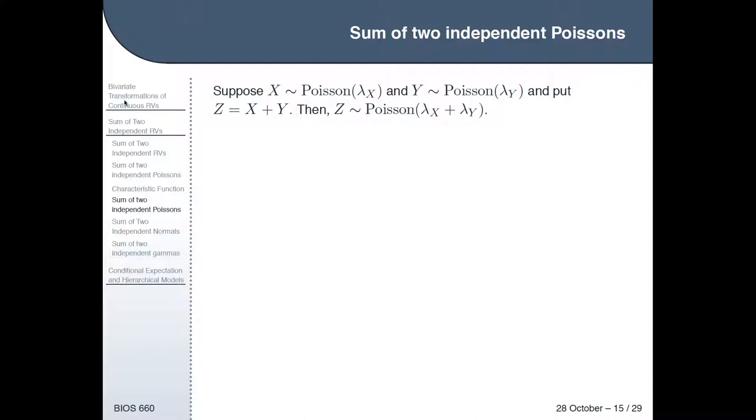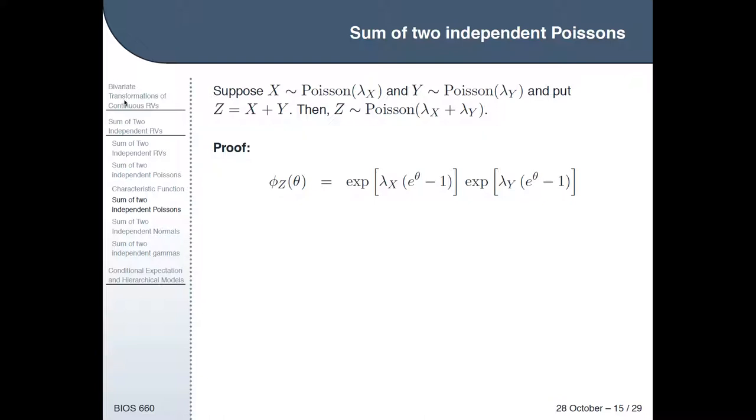So let's do the Poisson example again, but this time using characteristic functions, so we don't have to try to do that sum and try to remember the binomial theorem and all that stuff. As you'll recall, the characteristic function of a Poisson random variable with rate parameter lambda x is just e to the lambda x times (e to the theta minus 1).